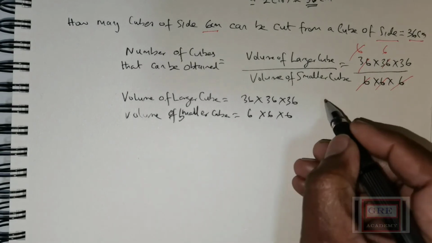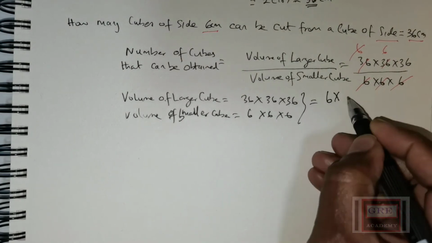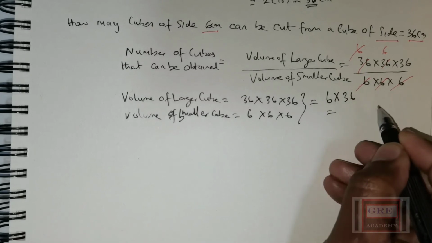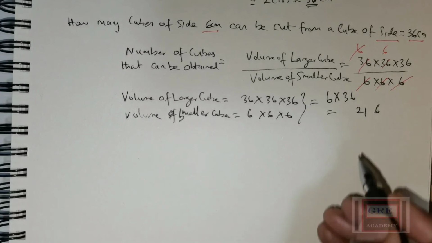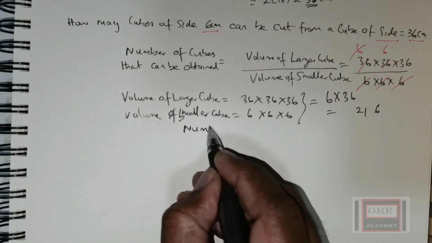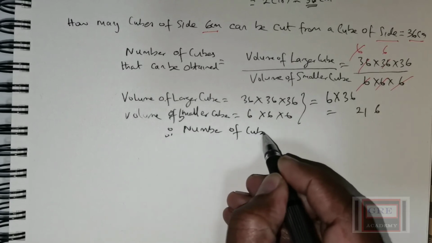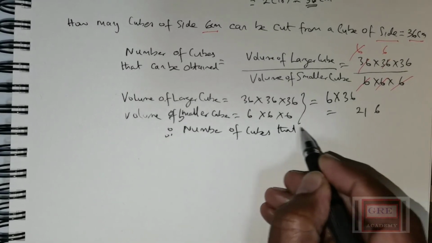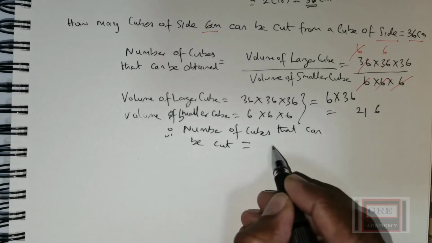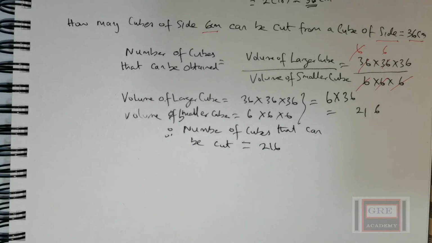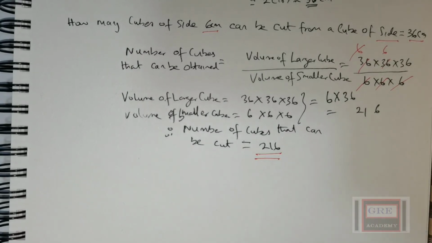So totally, you got 6 times 36, which is 216, right? So the number of cubes that can be cut equals 216. So that is the solution for this question.